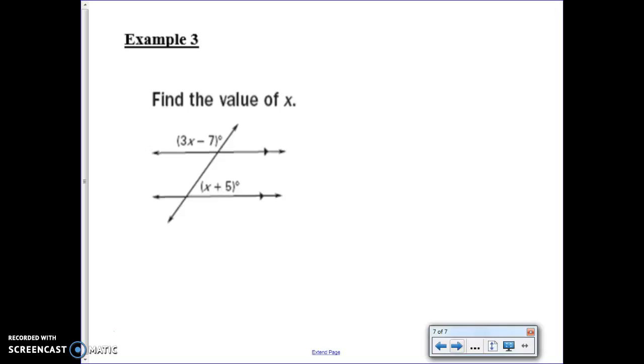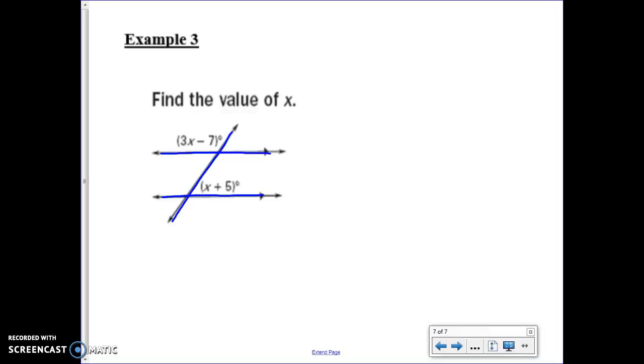Okay, here's another one. It says find the value of x. So I see those two parallel lines. I see the transversal, but when I look to see what angle pairs I have, they're on opposite sides of the transversal, but I have one interior and one exterior. So those aren't an angle pair that I know.